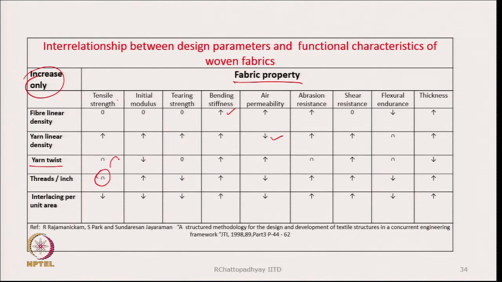It will go up first and then come down. So, an inverted U is written here. The modulus is going to decline with increase in twist, so the arrow is downward. Tearing strength 0 means no effect. Bending stiffness is going to increase, the fabric is going to be stiffer.